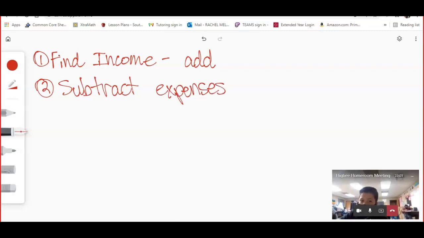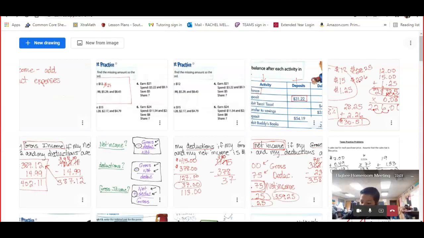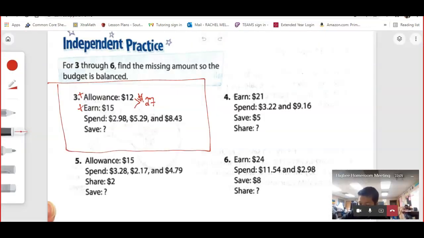Now, looking at this problem, okay, I know that spending is my expenses. Okay, I have an option. I can do 27 minus 2.98. Take that answer, minus 5.29. Take that answer, minus 8.43.